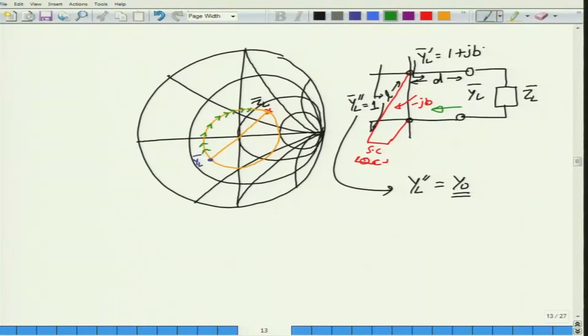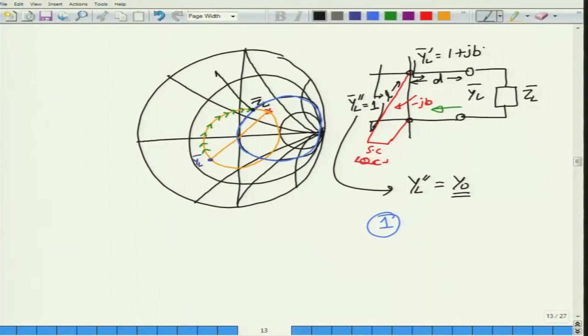At some point you will actually end up meeting the unit circle, right. So on the unit circle, what is your admittance? On the unit circle, the real part of the admittance is equal to 1. So if you look at the intersection of this SWR circle with the unit circle, let us mark that point as a black point over here.